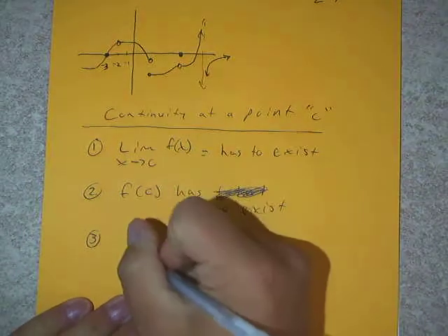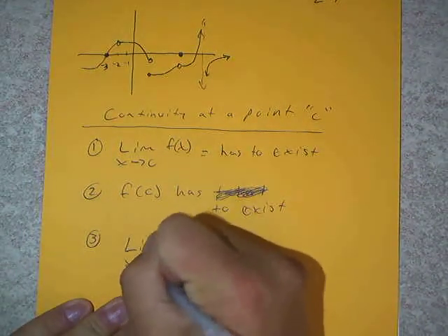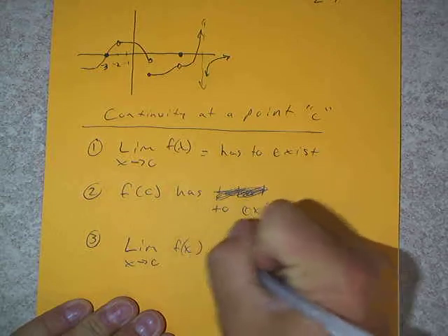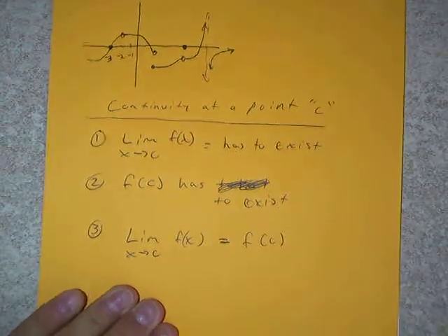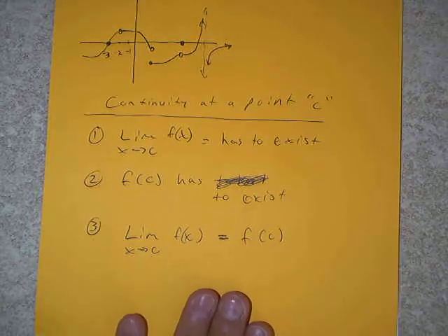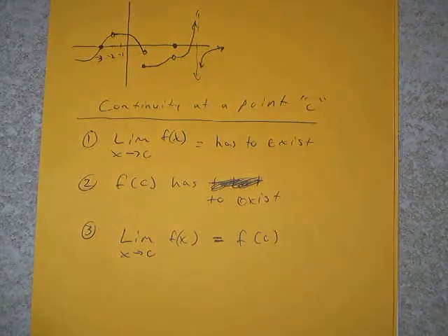And the third thing, in terms of continuity, is this: the limit as x approaches c of our function and f of c have to be equal to each other. So those are the three criteria. Let's look now at our negative 3 point.